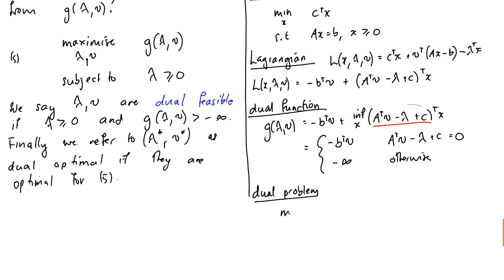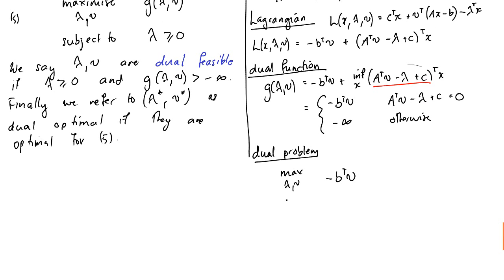So it is maximize over lambda and nu negative b transpose nu subject to A transpose nu minus lambda plus c equals 0, and lambda is greater than or equal to 0.